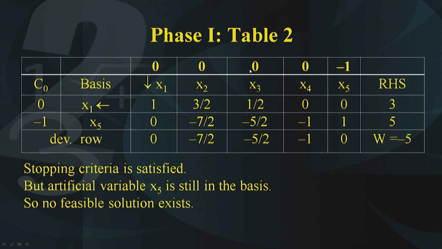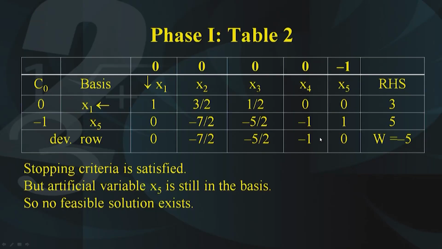Similarly, for x3, 0 minus 0 minus 1 multiplied by 1 by 2 minus 5 by 2, and this comes out to be minus 5 by 2. And similarly, for x4, 0 minus 0 minus 1 multiplied by 0 minus 1, and that gives you minus 1. So, we have got all the entries of the deviation row.